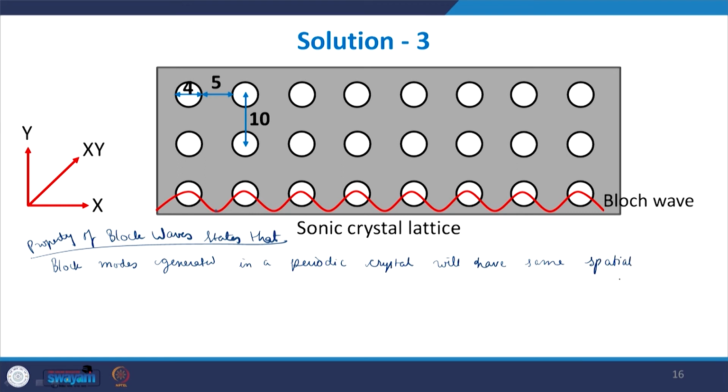So the wave will repeat its pattern after the same spatial distance after which the structure repeats its pattern. So the periodicity of the wave and the periodicity of the structure will be the same.